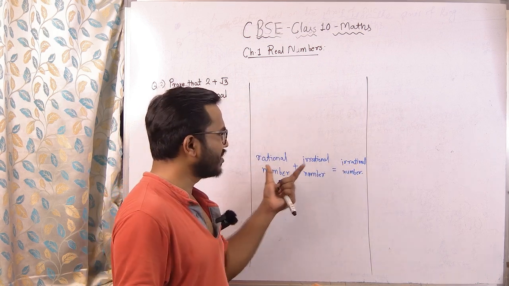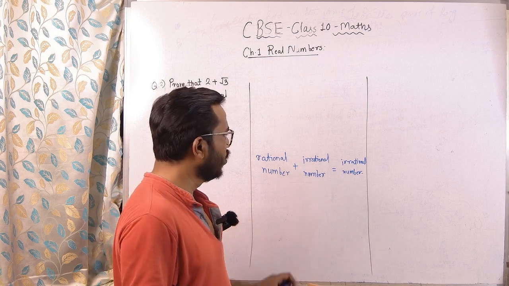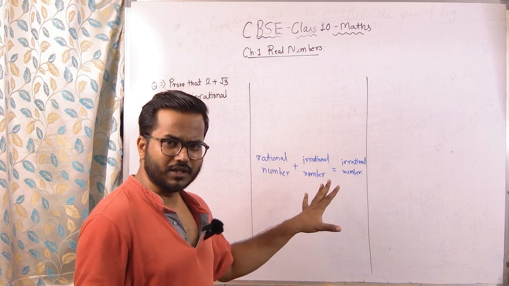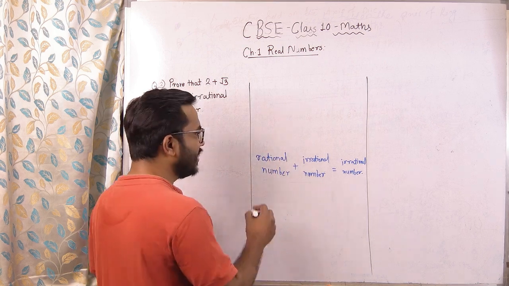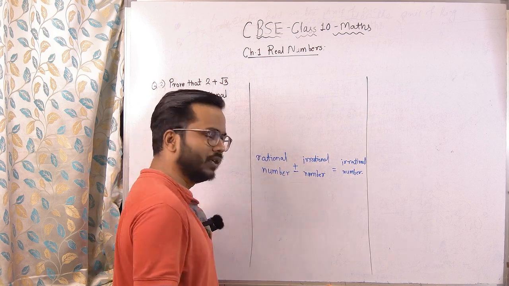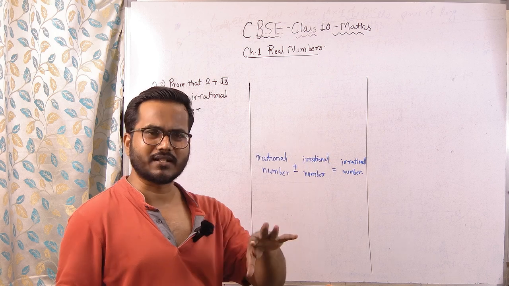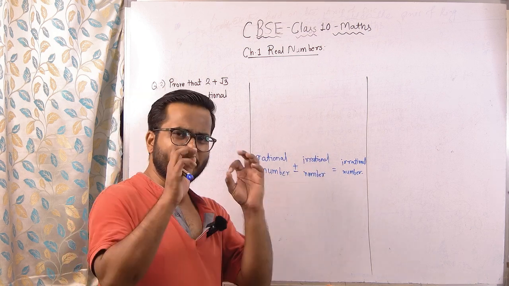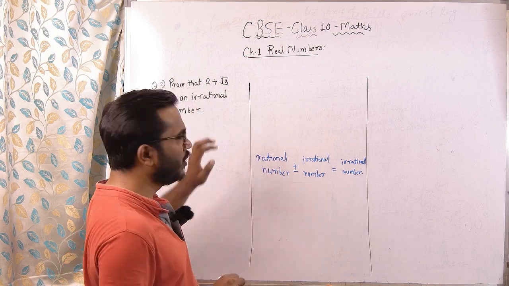Whenever you add a rational number to an irrational number, you get an irrational number. So, first result, very important. Second result: this sign can be minus also. If you subtract an irrational number from a rational number, then also the answer will be an irrational number. If you understand this one simple fundamental concept, you will be able to solve this problem.